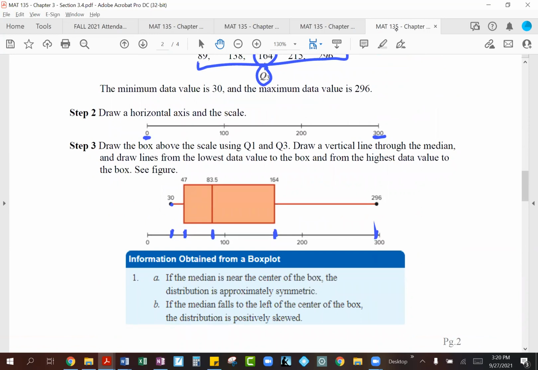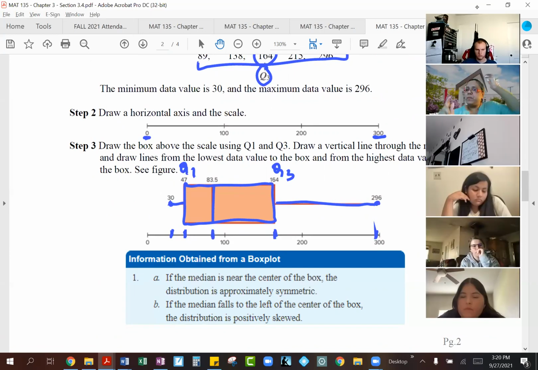So we start from quartile 1 to quartile 3 to create this little box where you have your median. You put that horizontal line in the middle. So that creates our box from quartile 1 to quartile 3. And then from there to your minimum and the maximum value, you create these whiskers, the horizontal lines. So that's the idea of creating your box plot.